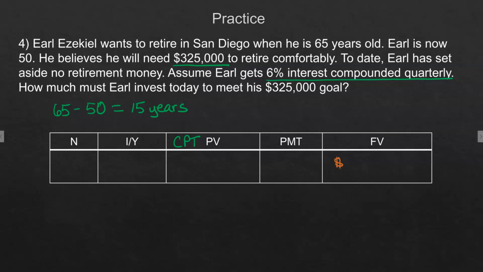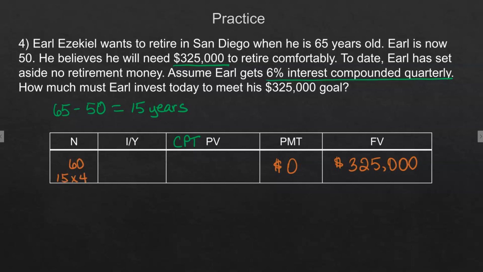So that means that we're computing present value. And then let's fill in everything that we need here. His future value needs to be $325,000. He is not paying any payments. By the way, we're going to get to having some payments in chapter 20, so we will not always be putting zero there. He's going to accumulate this for 15 years, compounded quarterly.